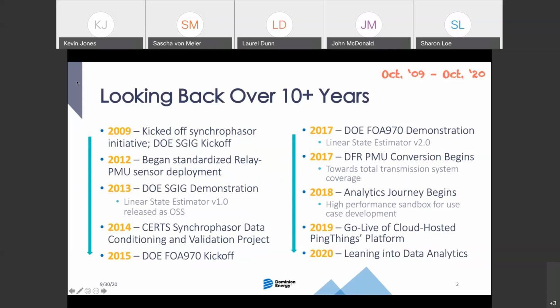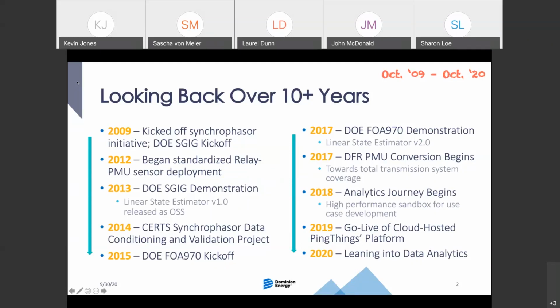Now, it took us a while to get there, but we have nearly full transmission system coverage with synchrophasor measurements, in many cases redundant, meaning we have the same measurement from multiple devices. And to put a number to it, we have approximately 40,000 individually measured physical quantities. That includes voltage phasors, current phasors, frequencies, digitals, all of those things.